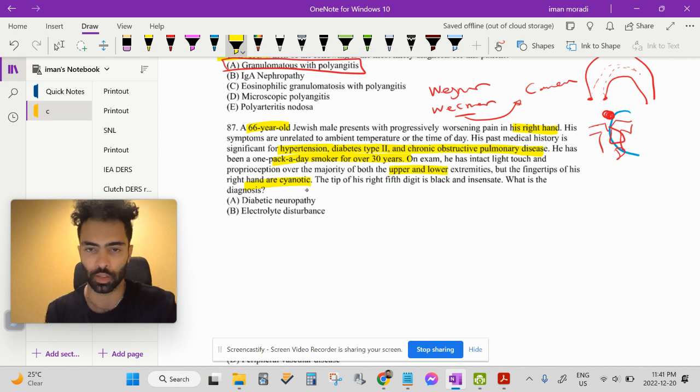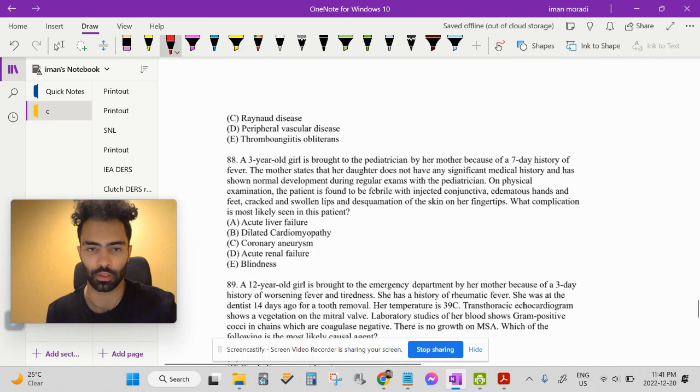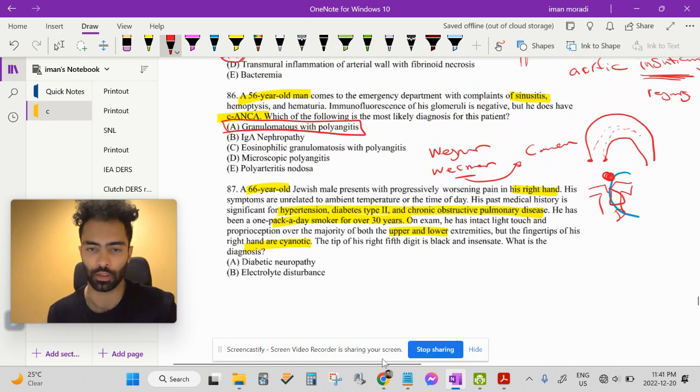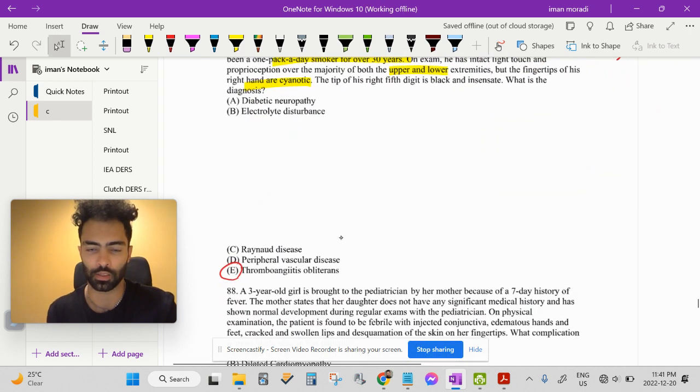His hands are cyanotic. Okay, so this is thromboangiitis obliterans. The other name is Buerger's disease.